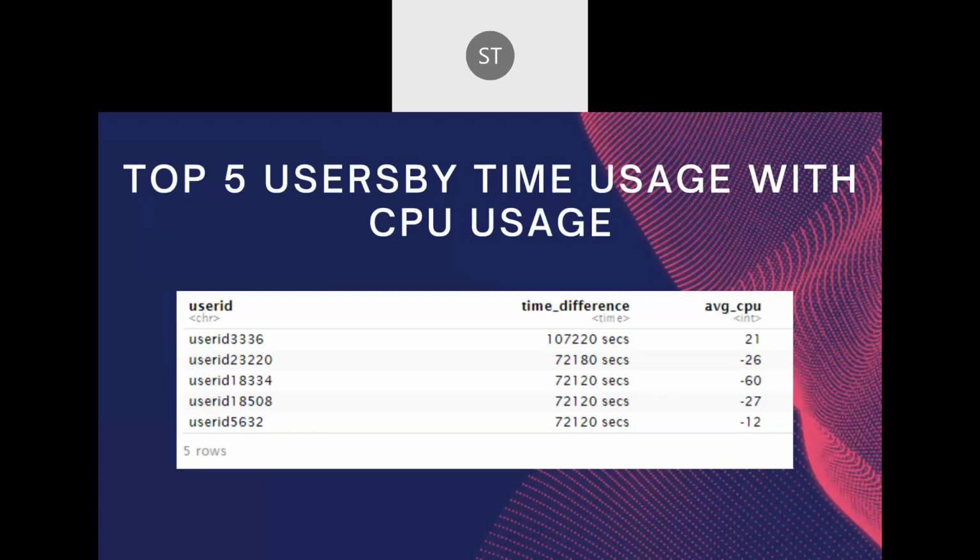As we wanted to check the CPU usage, I grouped it by users and found out these were the top 5 users who had the average CPU and the highest time difference. The highest time difference means they have logged into the VDIs for a longer time.